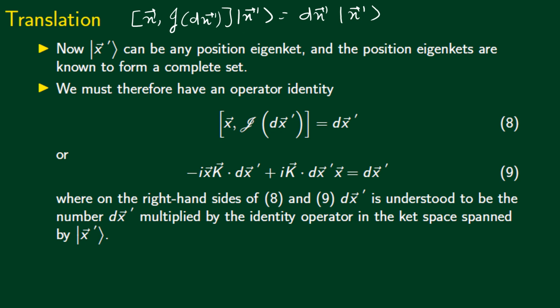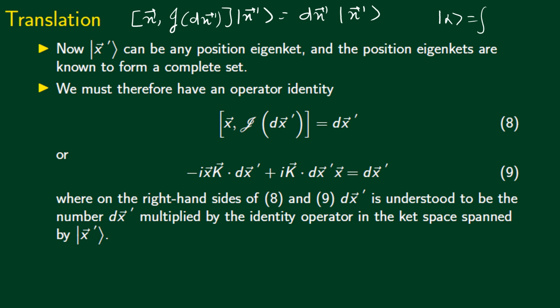And if it is true for any position eigenket, it's true for any vector. Why? Because any ket can be expanded as a linear combination of the position eigenkets. In other words, position eigenkets form a complete set. So if this is true for all position eigenkets, it is also true for any vector, which means that we have a general operator relation. This means that this commutator has to be equal to dx vector prime.